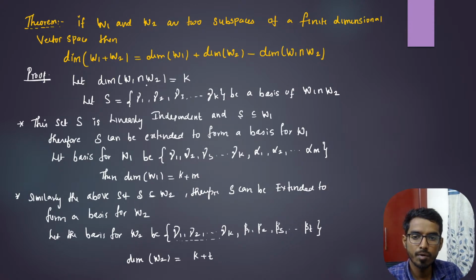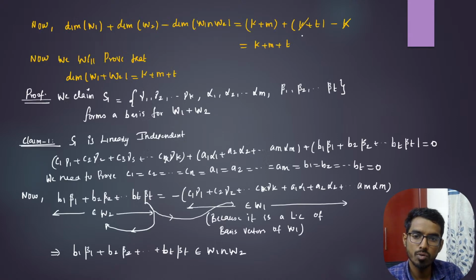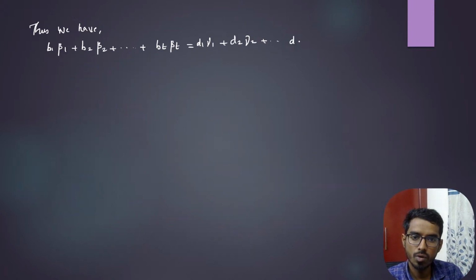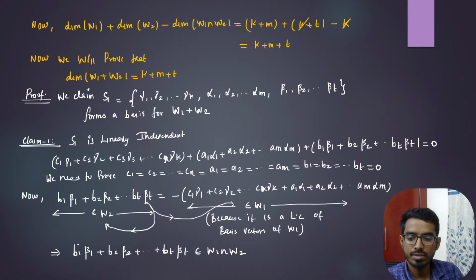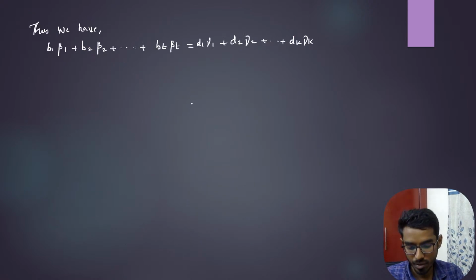So the dimension of W1 intersection W2 is k, so these are the basis elements. This can be written as t1 gamma 1, t2 gamma 2 and so on up to tk gamma k, right? So as of now, I have said that these vectors belong to W1 intersection W2. That means these vectors can be written as a linear combination of basis elements of W1 intersection W2, right?